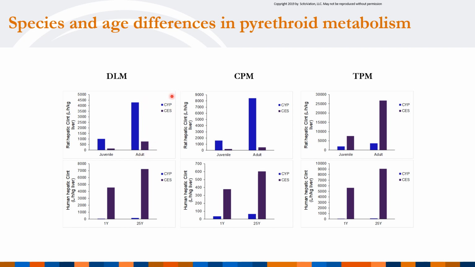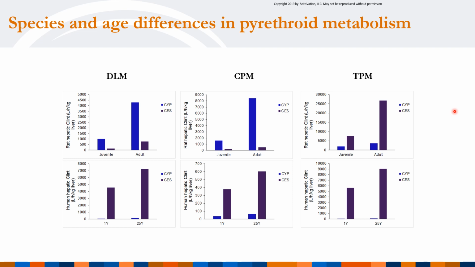In light blue, we have cytochrome, and in purple, we have the carboxylesterase. So we know that hepatic cytochrome P450 and carboxylesterase are important metabolizing enzymes for detoxification and elimination of pyrethroids in both rats and humans.